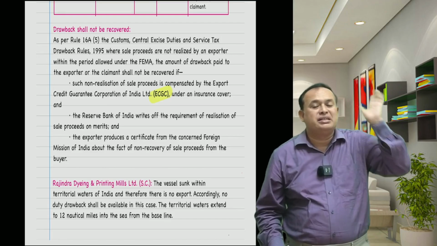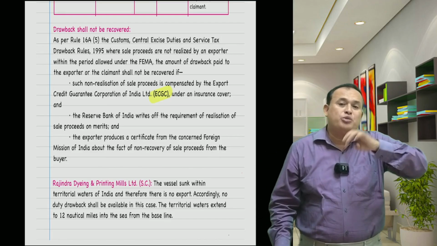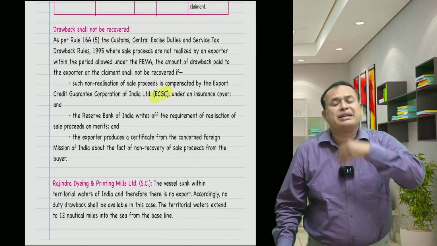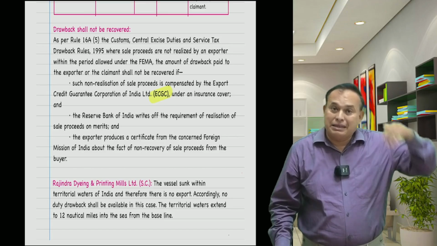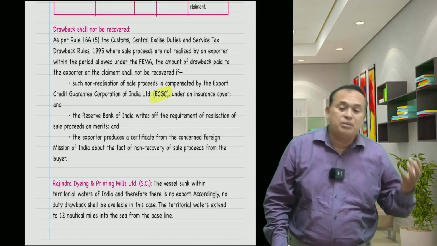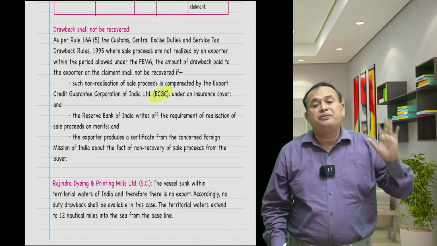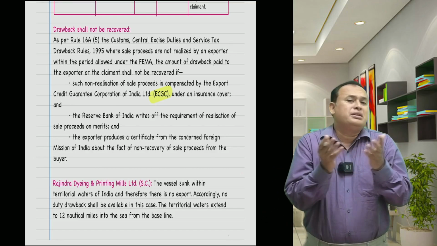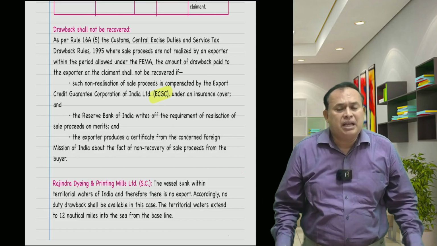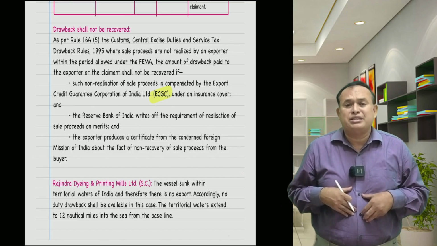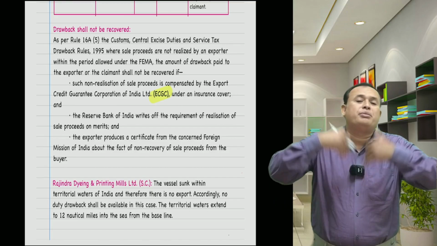My export is covered under ECGC, and the Reserve Bank of India said payment is not going to be realized, noted the fact and written it off in their books. And the concerned foreign country, the importer country, the foreign embassy in India, certified the fact of non-realization because of so and so reason, the amount is not going to be realized. Then these three are there. Then the amount claimed by the claimant as duty drawback is not required to be returned.